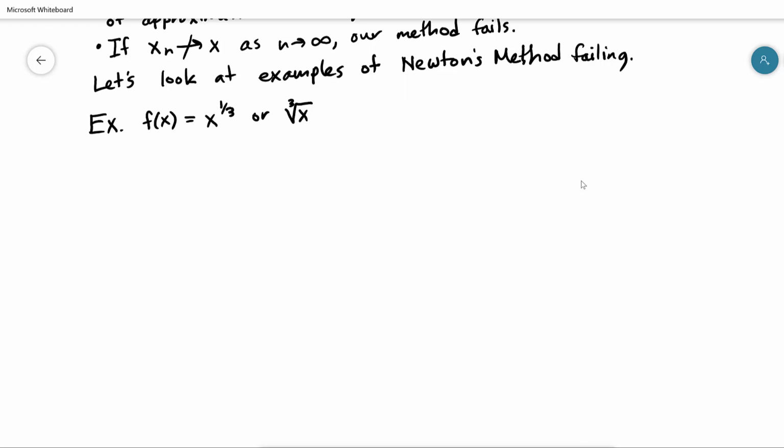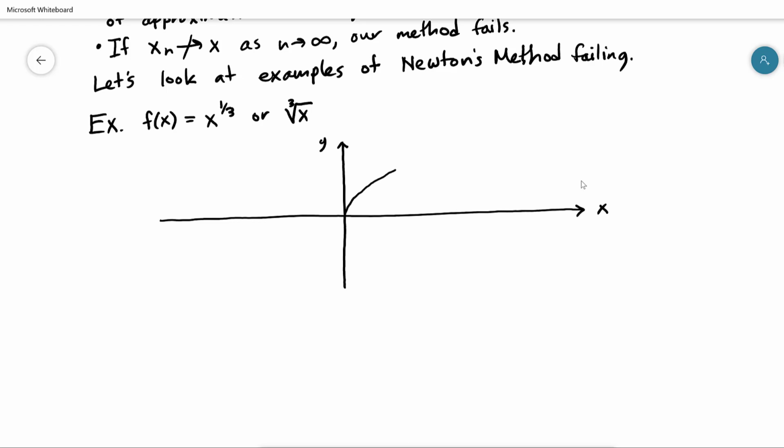If we graph that function, the cube root of x, this is what it winds up looking like. So I'm giving myself a lot more room on the x-axis than the y-axis due to the shape of this thing. But the graph looks kind of like a square root, but it has this odd symmetry, and it is defined for negative values of x, unlike a square root function.